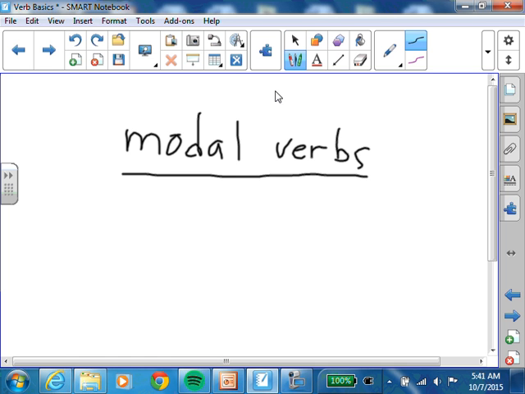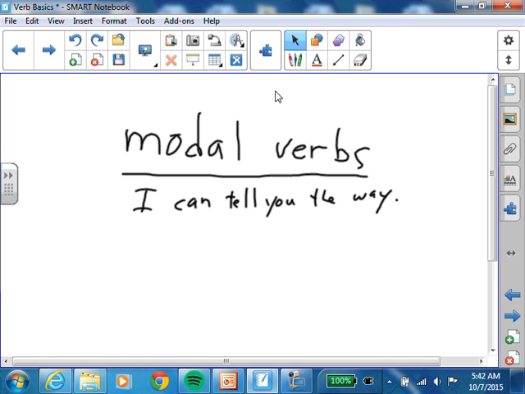All right. I can tell you the way. In this sentence, can is helping the verb tell. Let's make one with might.